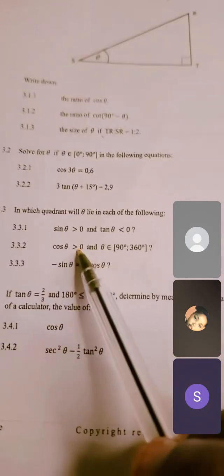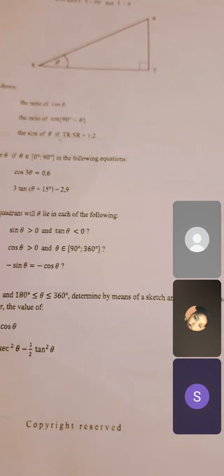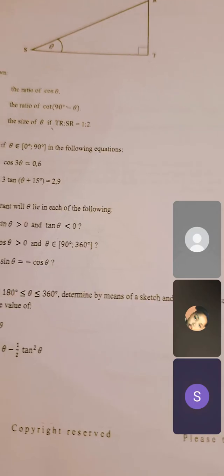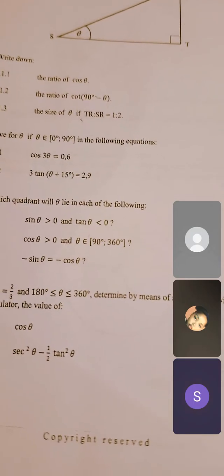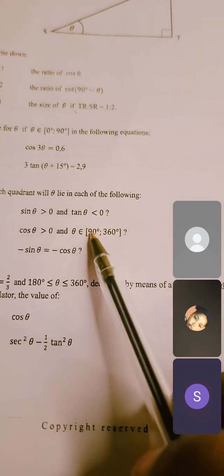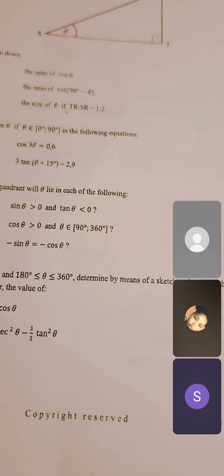Let's come here now. What does this mean? Cos theta greater than 0? It's positive. Who's positive? The cos. Okay, then here, theta is an element of 90 to 360. What quadrants is 90 to 360 covering?